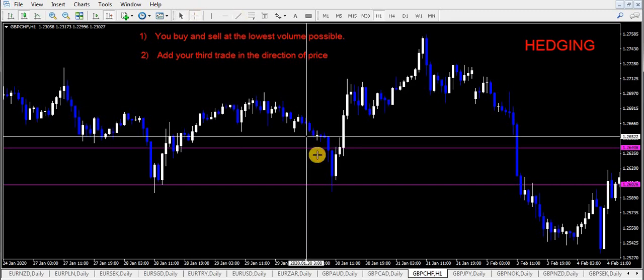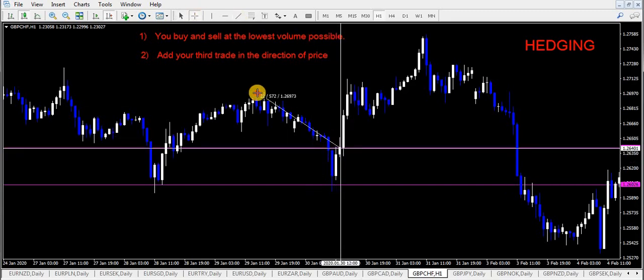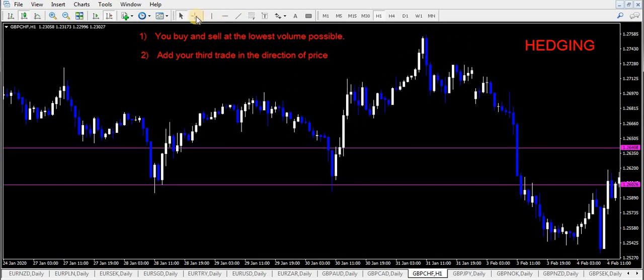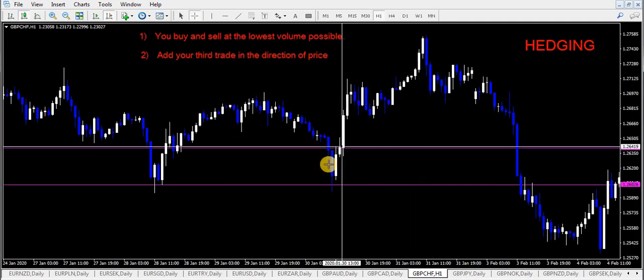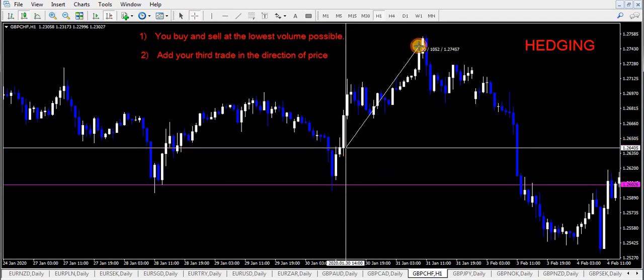Then you would have rode the market to probably this support, this resistance, or probably this level. If you rode it to this level, you would have gained 61 pips, and if you rode it to this level, you would have gained 110 pips or thereabout.